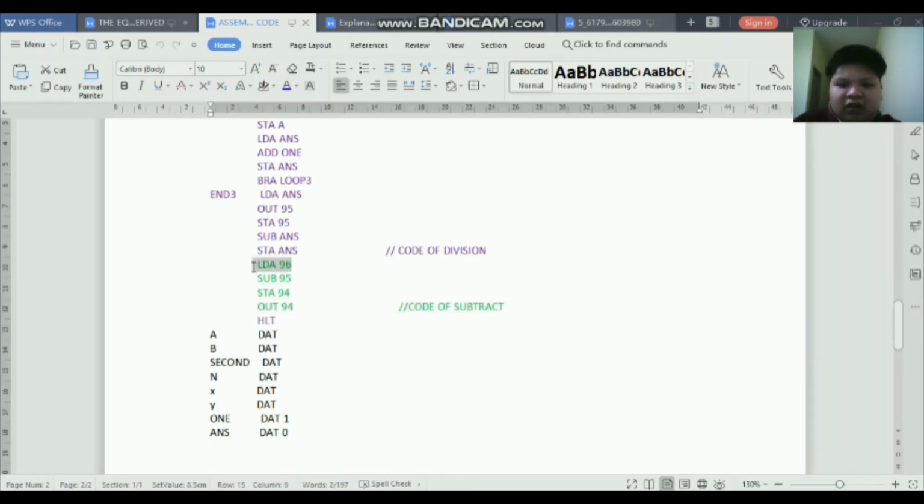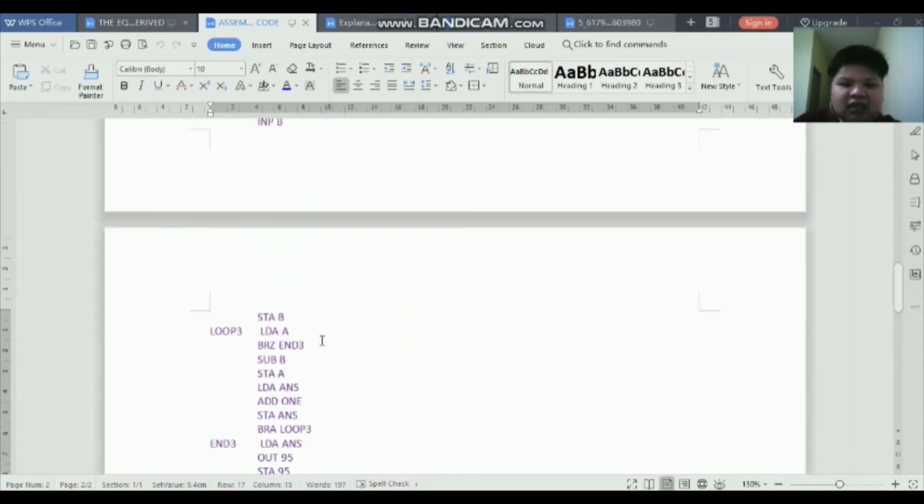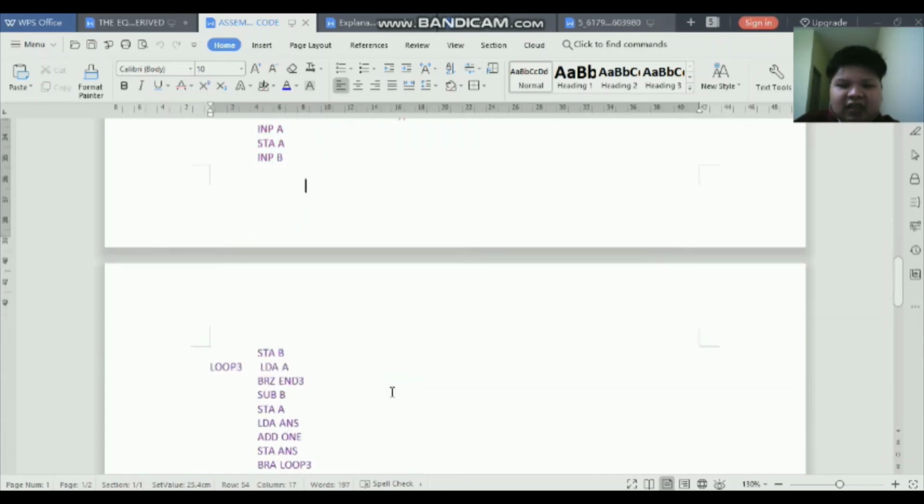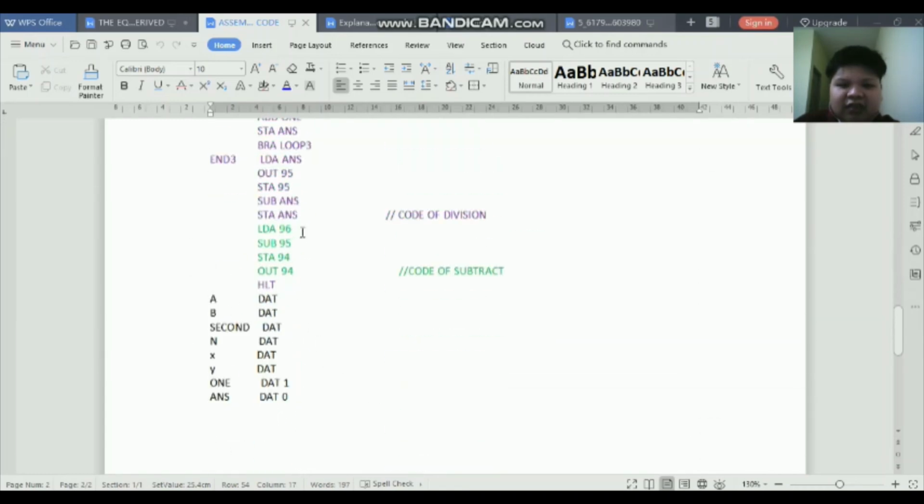Okay, we load R96. We can see here R96. We store the data. The data is the answer of c squared divided by d times b plus a. We know R96 is our answer of c squared divided by d times b plus a.